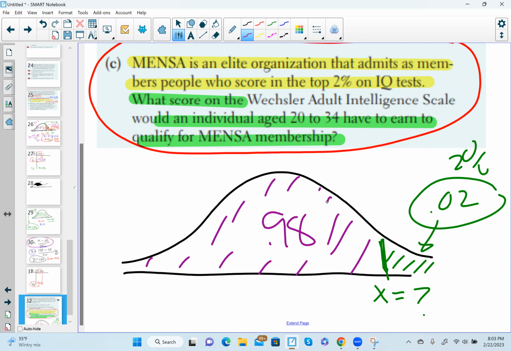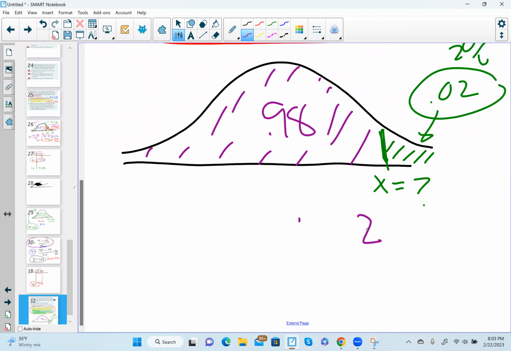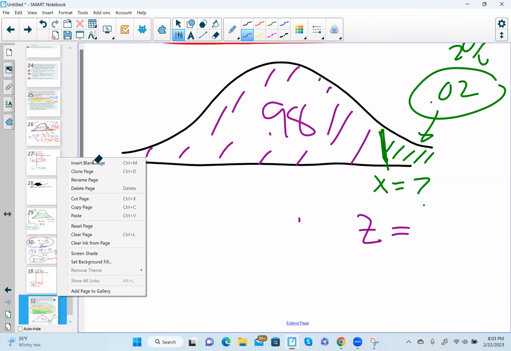Okay. So this question should also remind you of the beginning of the lesson where I asked you to work backwards, where we were giving you the area and asking you to find the z-score. So we actually can get the z-score that goes here, since we know the area to the left is 98%. So what we're going to do is this.